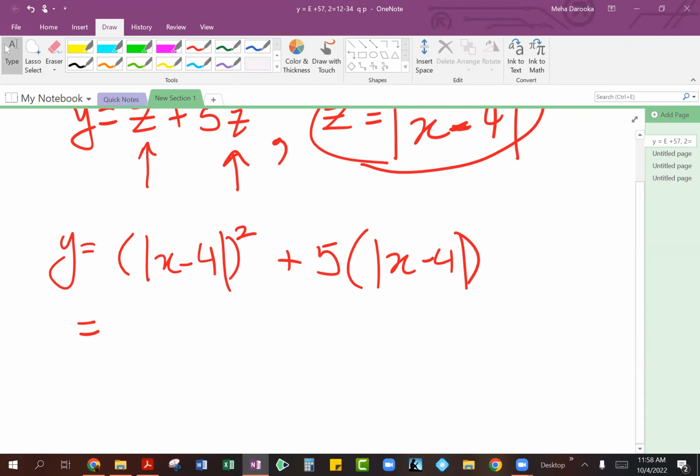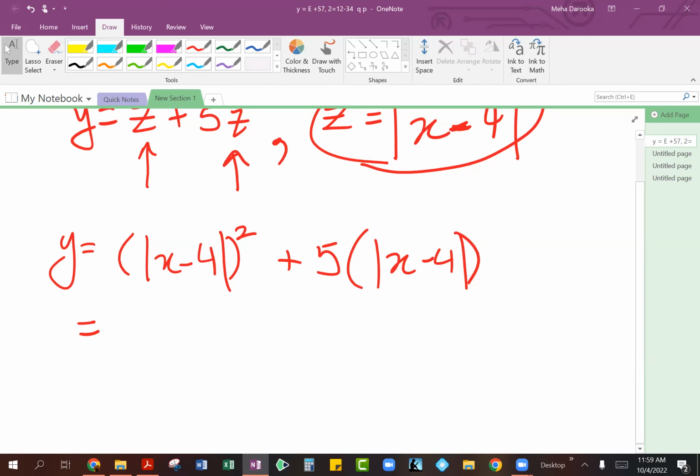So what do we know about square? What does the square do when you have a positive number, and what does it do when you have a negative number? If you had -4 and you square it, what would be there? Positive. And if you had +4 and you square it, what would you get? Positive as well. So a square basically gives us a positive answer no matter what.